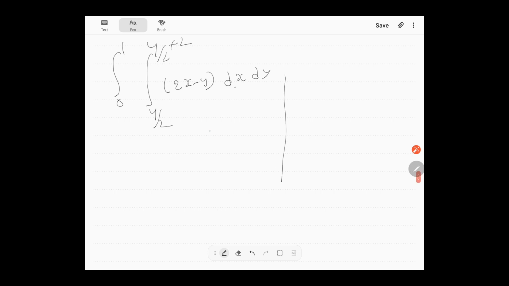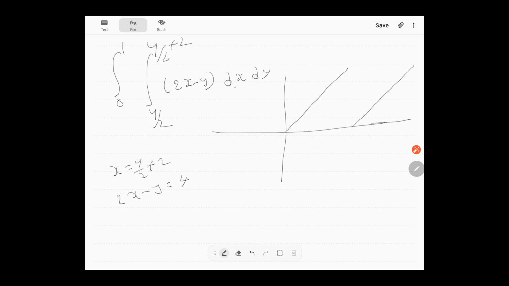Then we need to write down the rough sketch. x equal to y by 2 means 2x minus y equal to 0, that is y equal to 2x, a line passing through the origin. Another one is x equal to y by 2 plus 2, which means 2x minus y is equal to 4. So you have another line parallel to this.